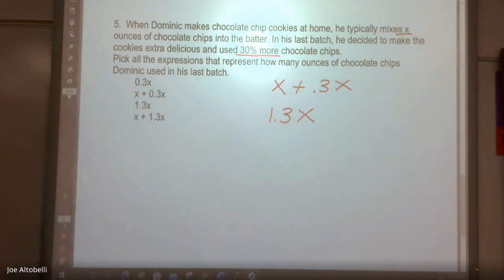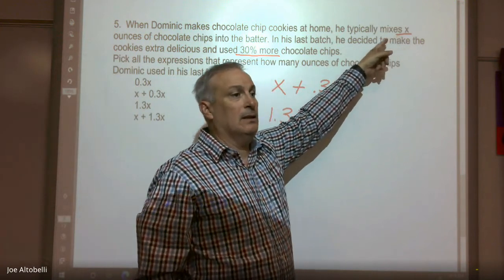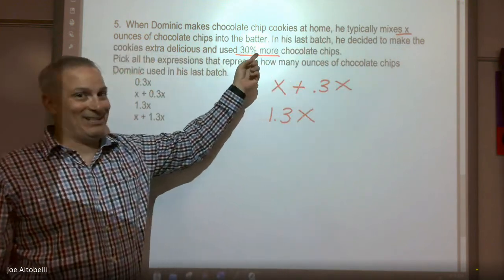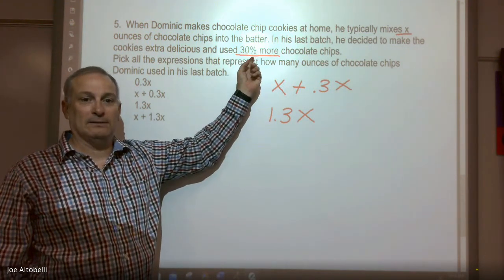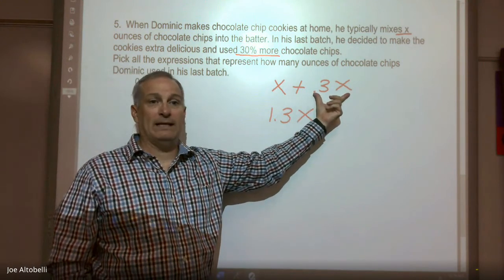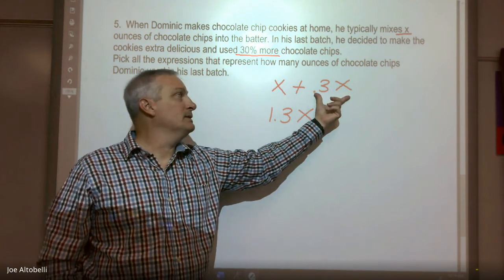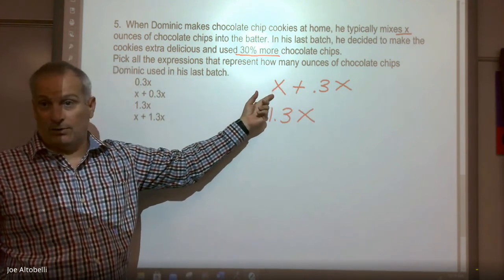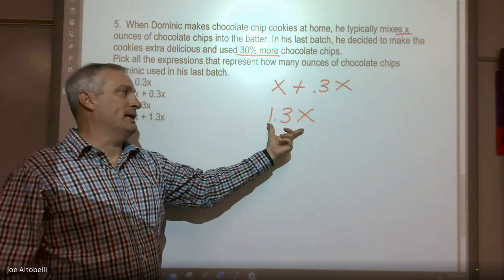Okay, so this is just like the last problem that we did. He's going to put in X amount of chocolate chip cookies. Because he wants to make it extra delicious, he's going to add 30% more. So 30% more is 0.3X. That's 30% more, 0.3X. And then you have X, your normal amount, so we get 1.3X.